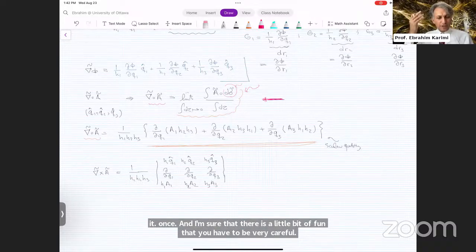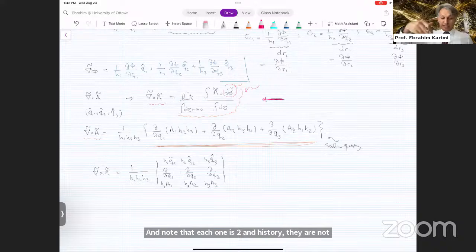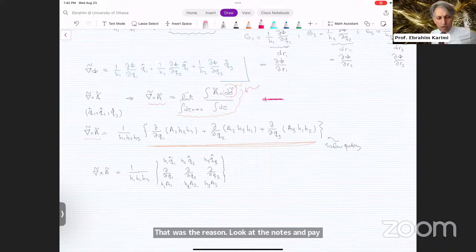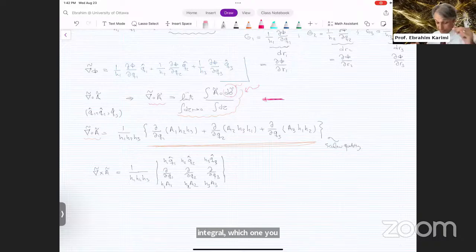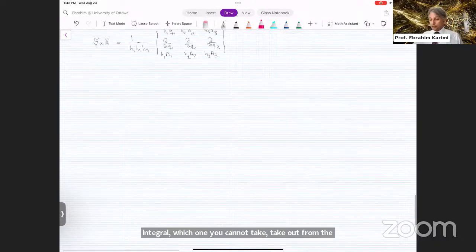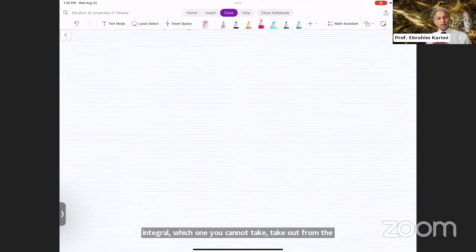In general, they are functions of Q1, Q2, and Q3. Look at the notes and pay attention to which part of the function you take out of the integral and which part you cannot. So far, we have introduced all of the elements that we needed for the orthogonal curvilinear space.